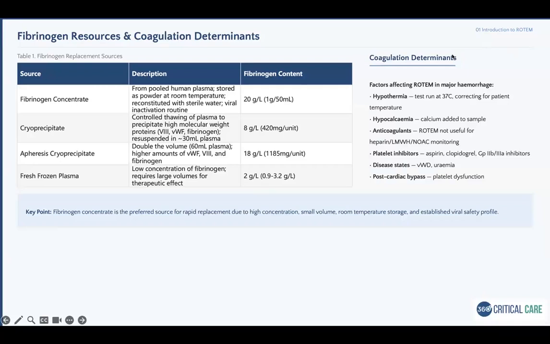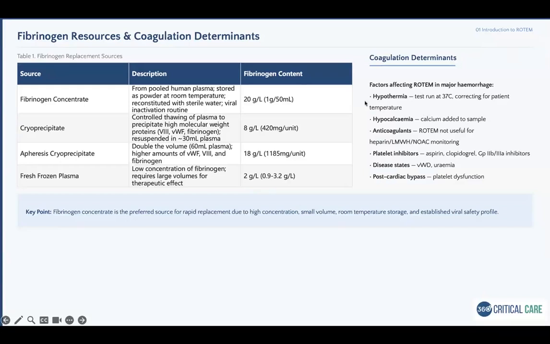Now going to the prerequisites for treating a patient who has some abnormality in the Rotem. Often clinically we forget about important things that need to be optimized before thinking of giving any product to the patient who has some coagulation abnormalities.